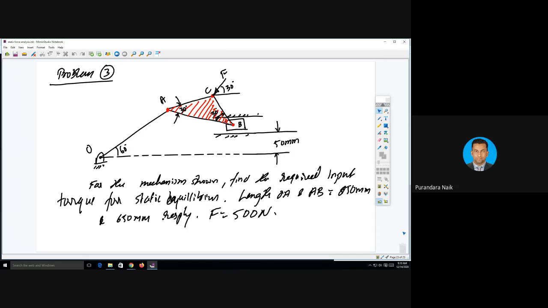OA length is given and AB is also given. Sorry, OA is 250 and AB is 650, respectively. Now we need to draw the figure.